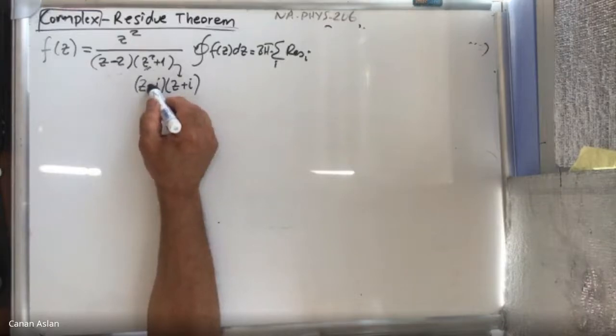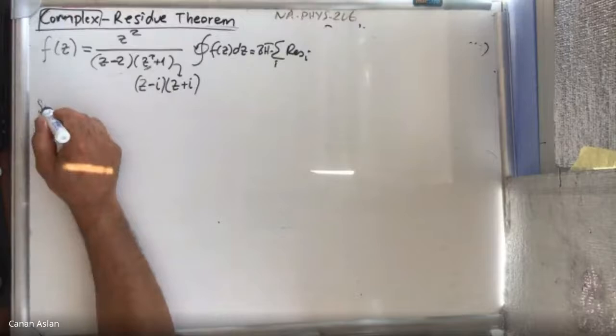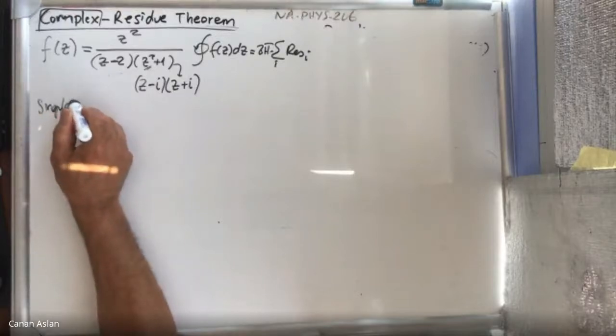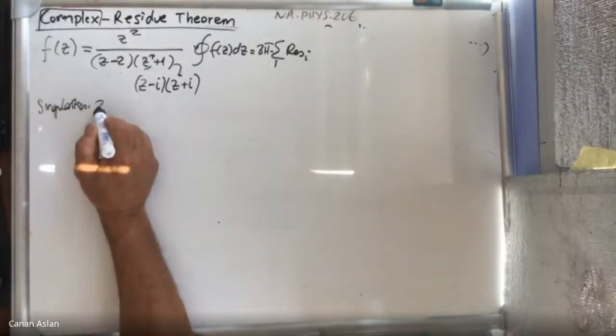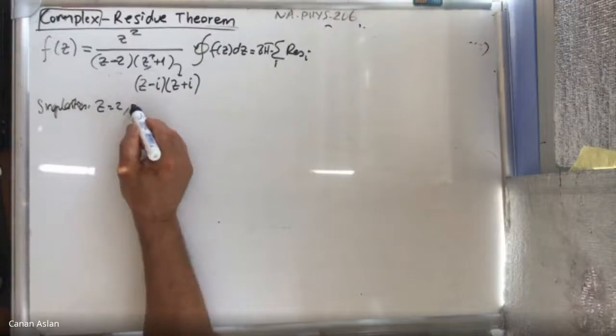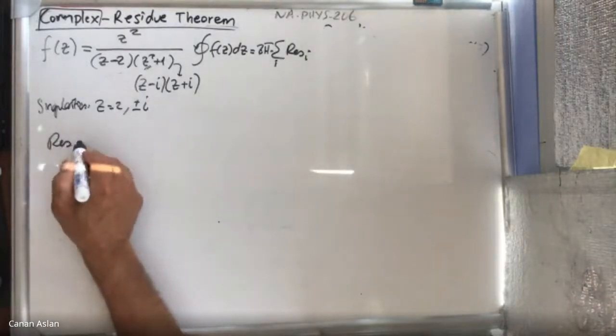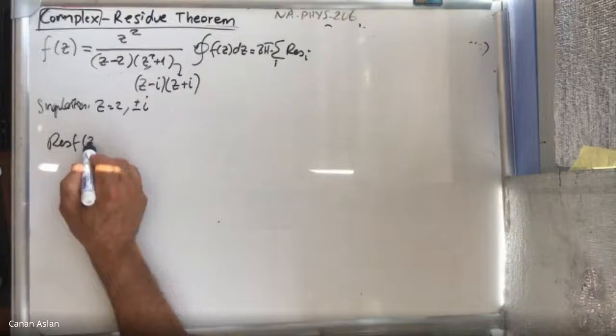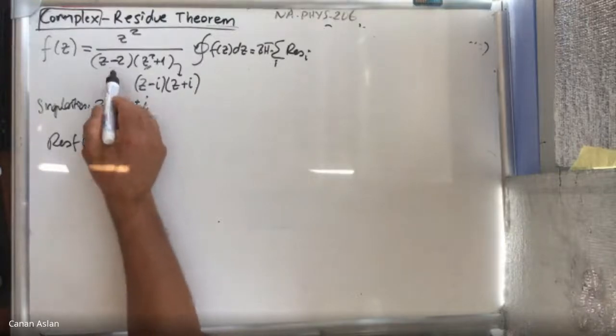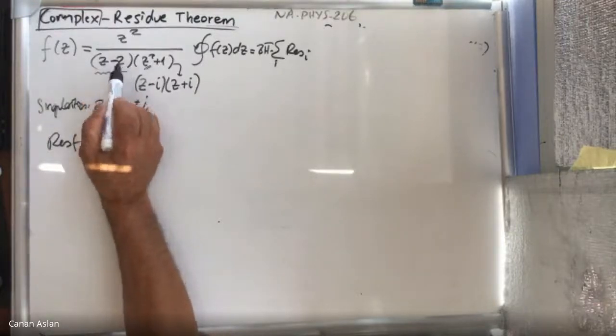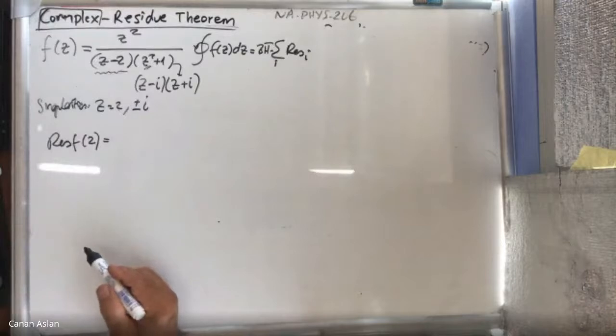So basically the singularities are z = 2, z = i, and z = -i. Now we would like to get the residue at 2, the first one. So this is the problematic denominator.